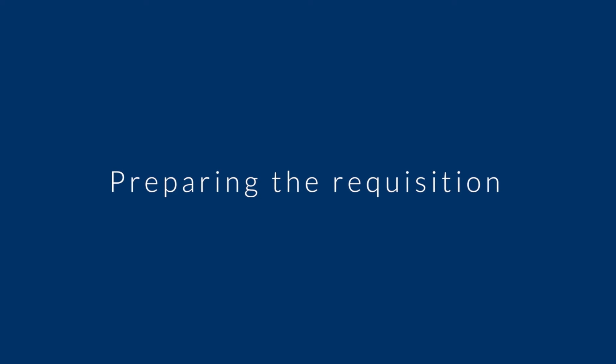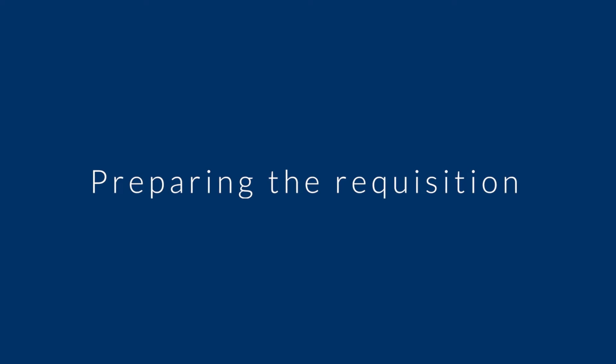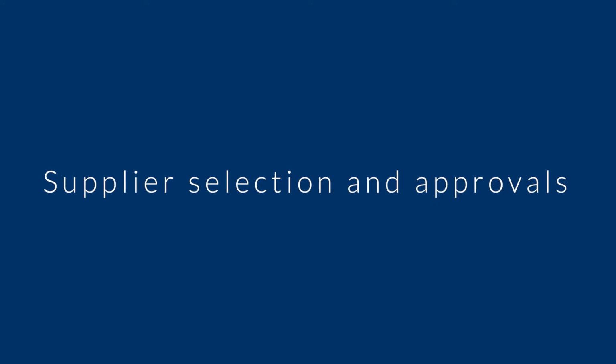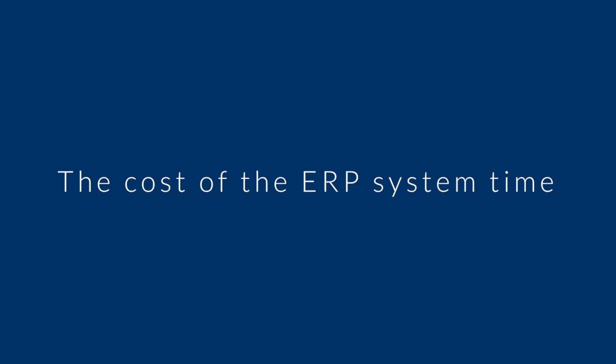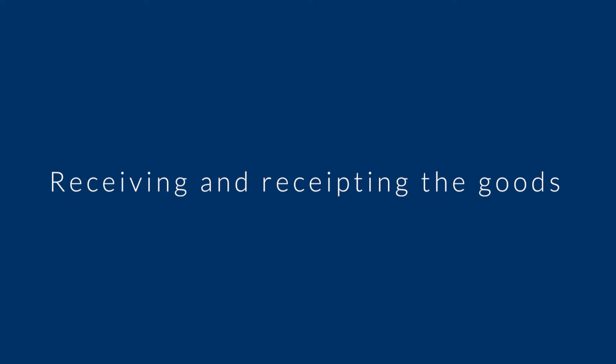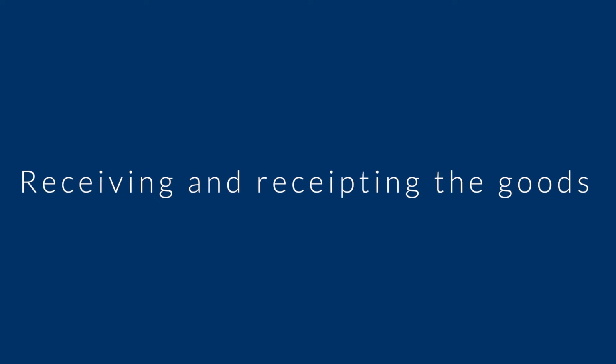If you're ordering something, what are some of the things that will form part of that ordering cost? In this case, we're talking about things like preparing the requisition. There's going to be a cost to that. Supplier selection and approval, the cost of the ERP system time, receiving and receipting the goods. All those are costs that are just associated with ordering something. So you see, it's not just the price alone.